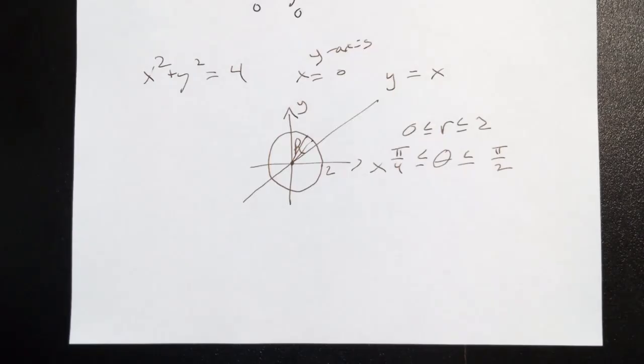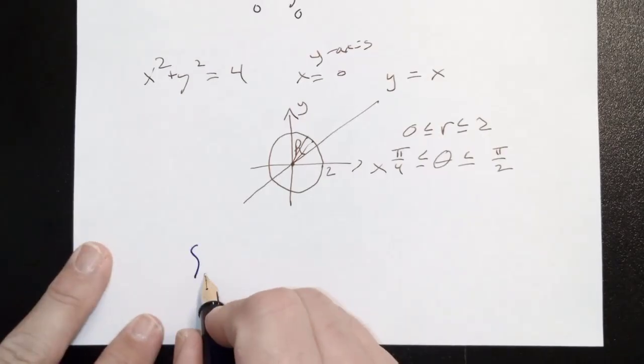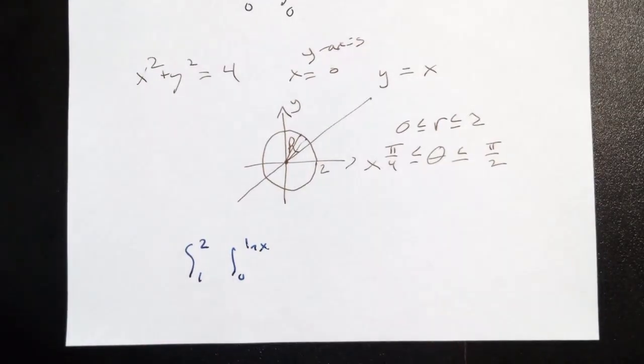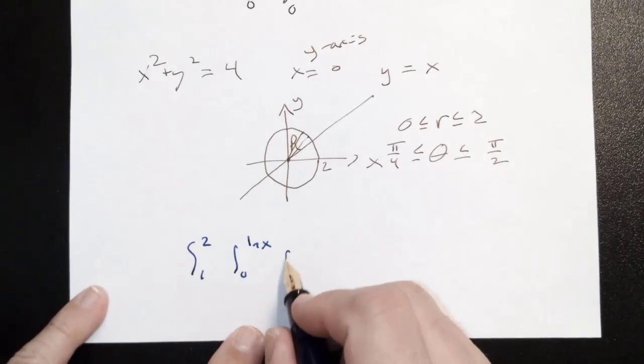One around those. Forty-nine gives me the integral from 1 to 2 and 0 to log x of some function. They don't even tell me what function.